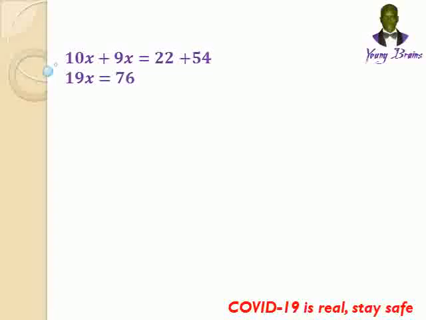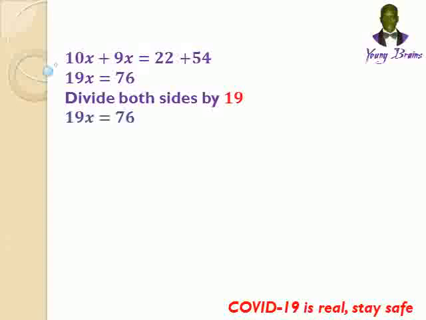For us to get our x, we need to divide through by the coefficient, which is 19. Divide both sides by 19. 19x divided by 19 equals 76 divided by 19. This gives us x equals 4. Our value of x equals 4.